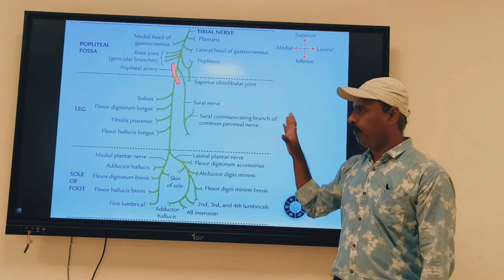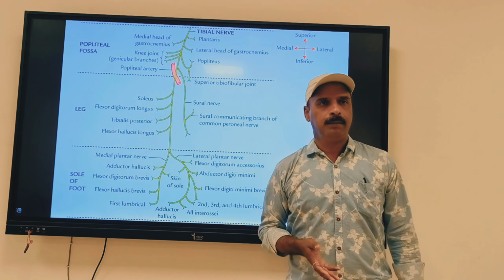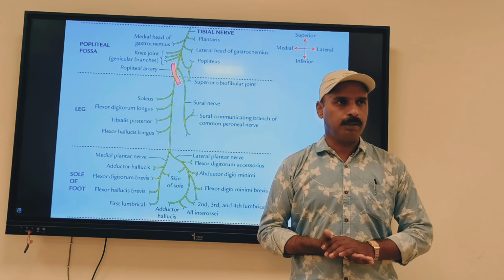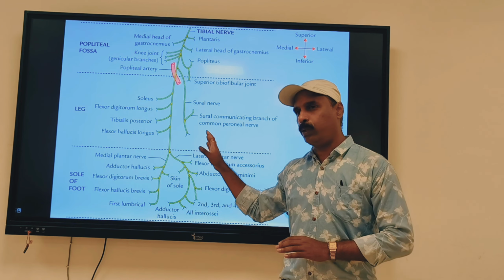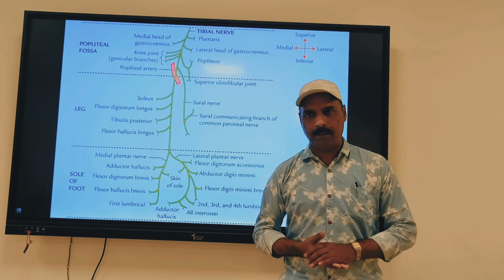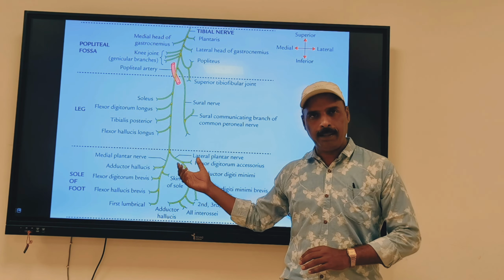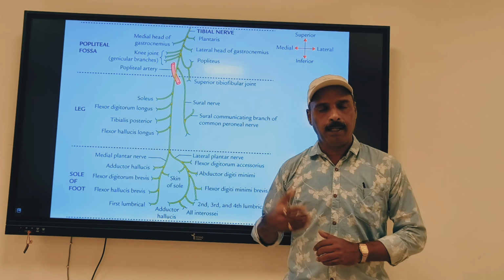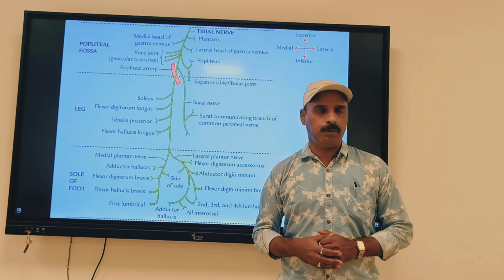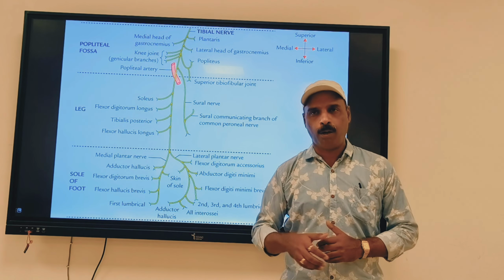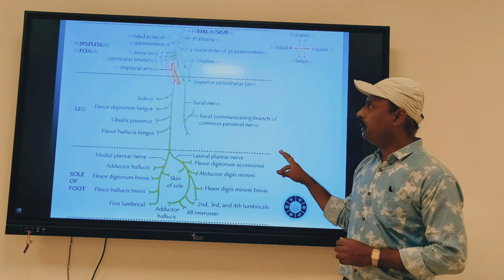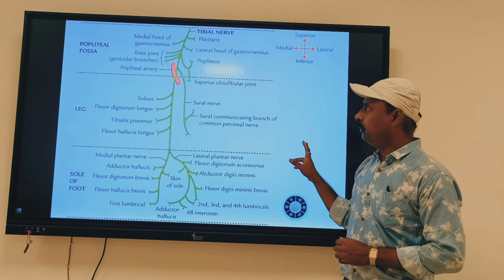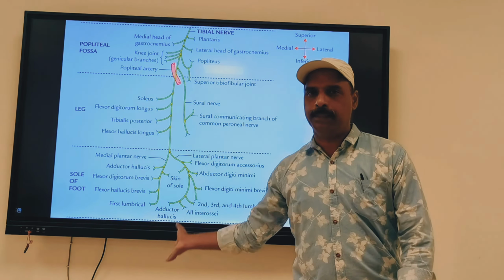These are the two important nerves after the sciatic nerve, which we have already studied. Then you have to deal with these two nerves as branches of the sciatic nerve. Separately, the tibial nerve can be asked as a short note, and the common peroneal nerve can be asked as a short note, but the sciatic nerve is asked as a long question. So you can draw the tibial nerve and common peroneal nerve diagrams. Draw the diagram.